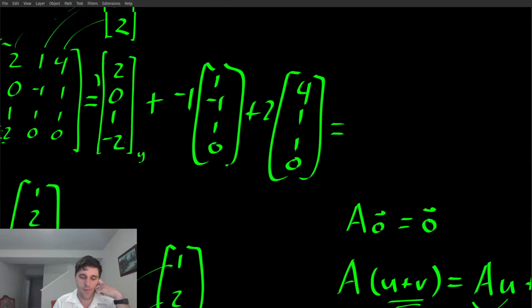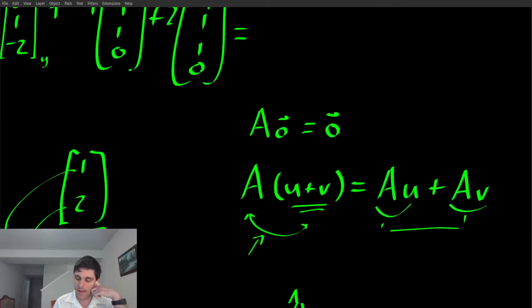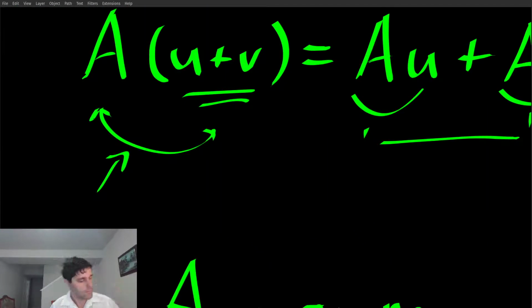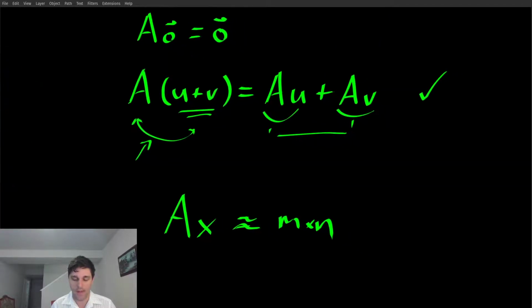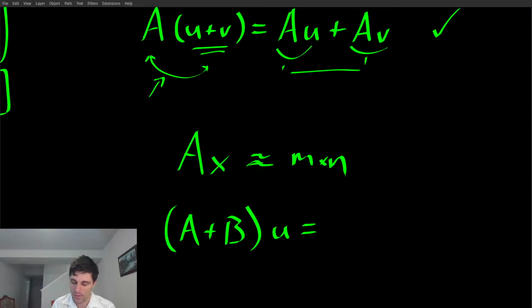If you had an n by n matrix, it would be approximately n squared. Yes, okay. But it is true that they distribute out like this, and it works for matrices also. So if you had a plus b times u, that's the same as au plus bu, like that.